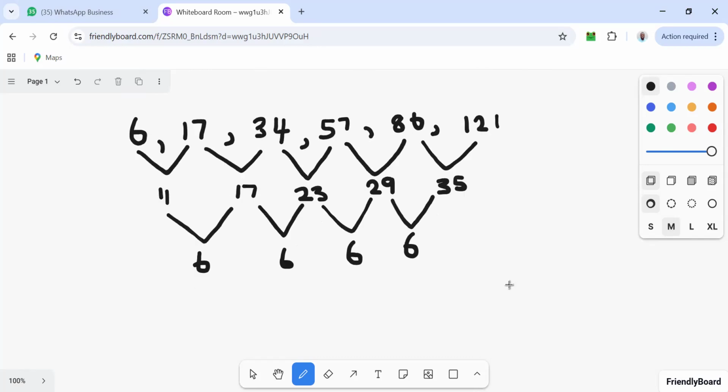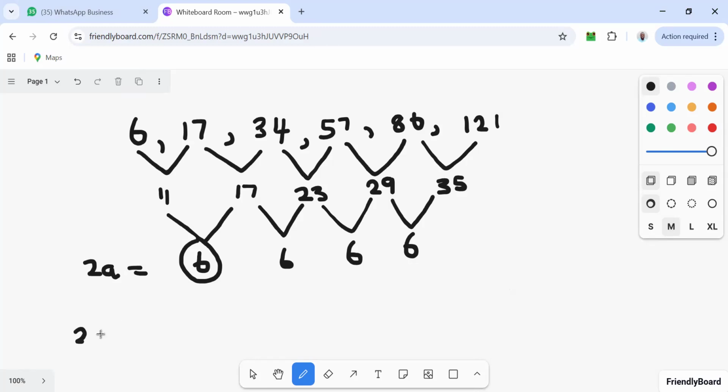Okay, so what am I going to do? First, I'm going to take the first rule: 2a is equal to the first term of the second difference row, which is 6.